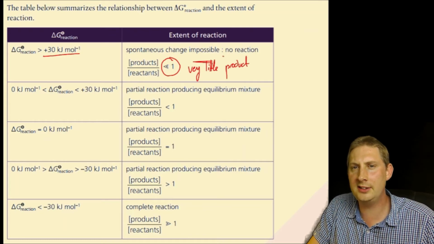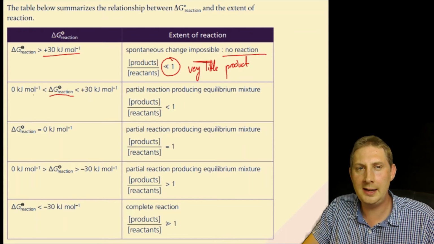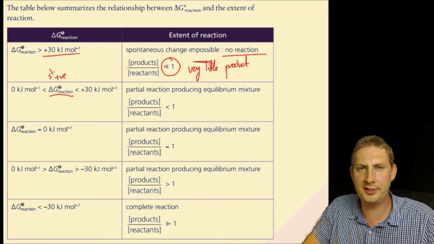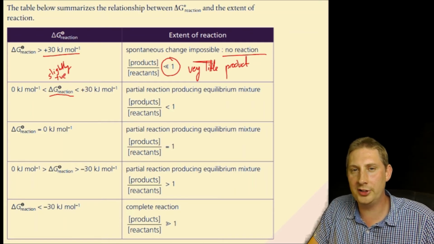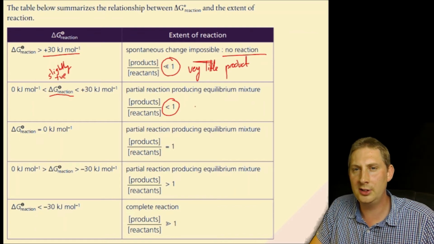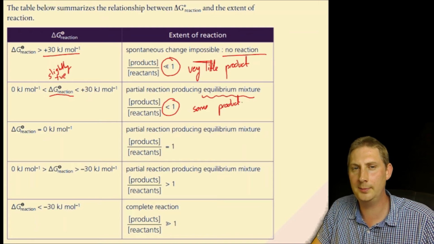In other words, there's no reaction. If delta G is positive, but only slightly positive, then there is a partial reaction. We get some products, but the amount of products compared to reactants is less than 1. So we get some product. In other words, we get an equilibrium mixture.